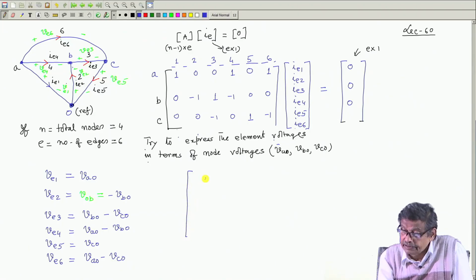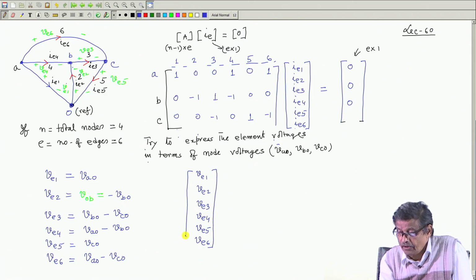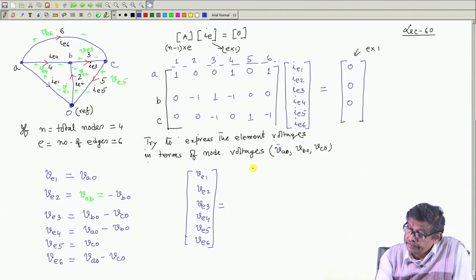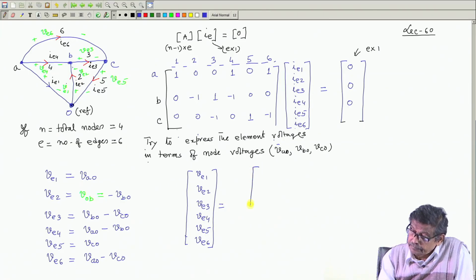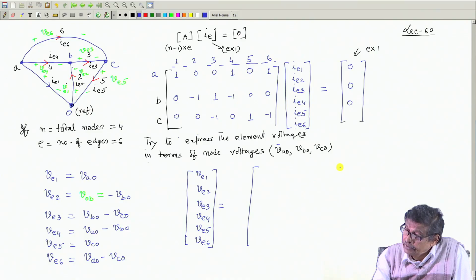I will write it like this: V 1, V 2, V 3, V E 4, V E 5 and V E 6. I will be able to write it like this. Here, who will be participating in this multiplication?